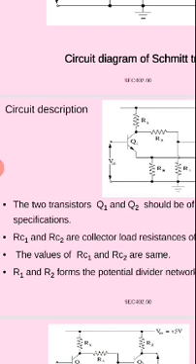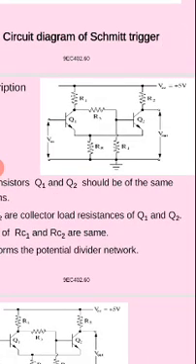The values of RC1 and RC2 are the same. R1 and R2 form the potential divider network.